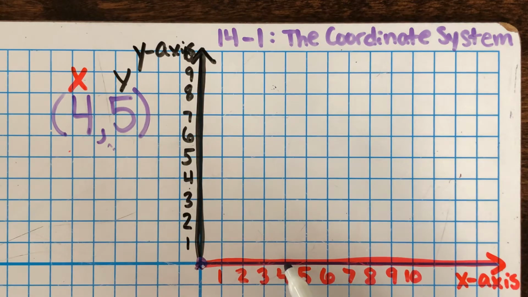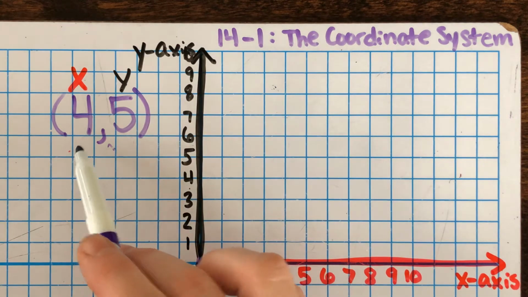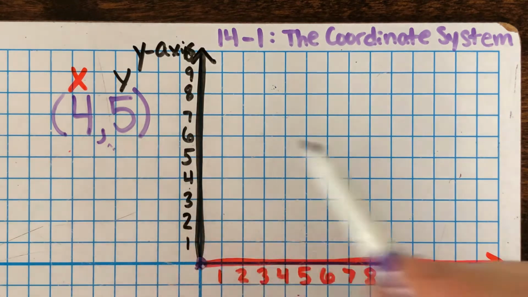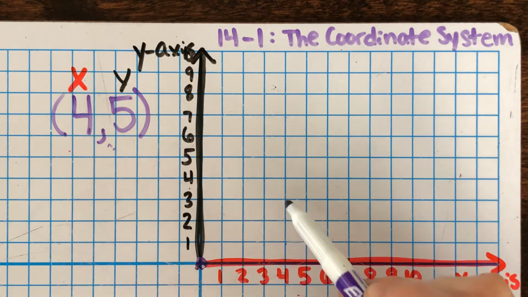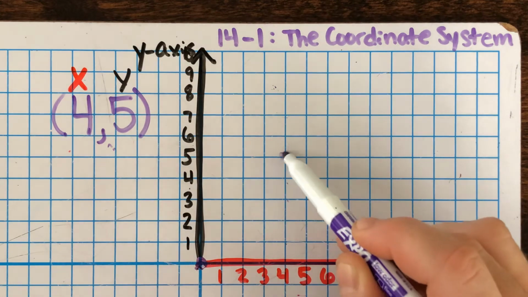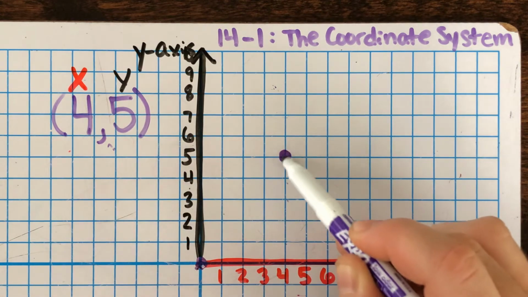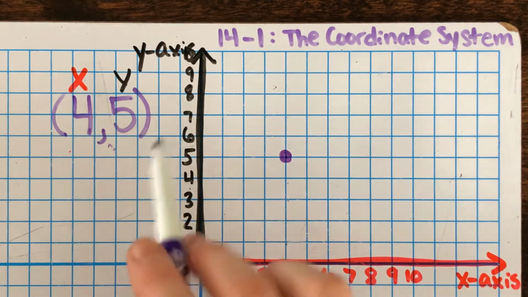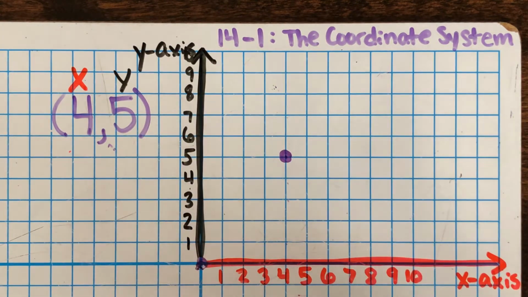Don't put your dot there yet because we only did halfway. Now we have to go up 5. 1, 2, 3, 4, 5 on the y coordinate, or y-axis, and that is where our dot is. So we can plot ordered pairs on a coordinate grid, but we can also find the ordered pair for certain numbers. So let's do that because that's what we're going to be doing today.